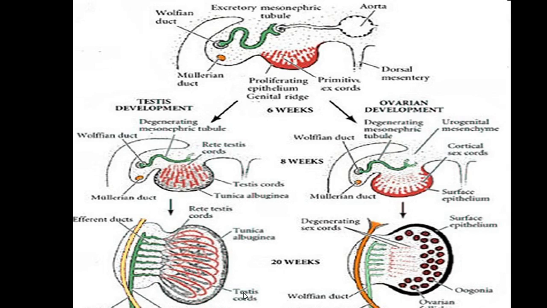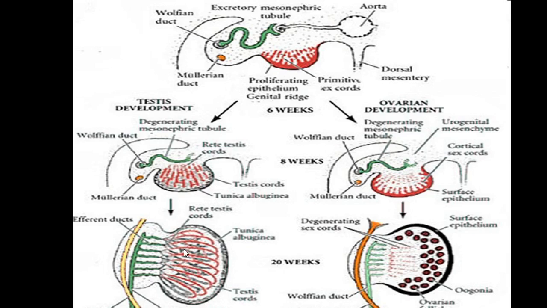At 20 weeks, you can see the tunica albuginea, formed by the surrounding mesenchyme, separates the testicular cords from the surface epithelium.